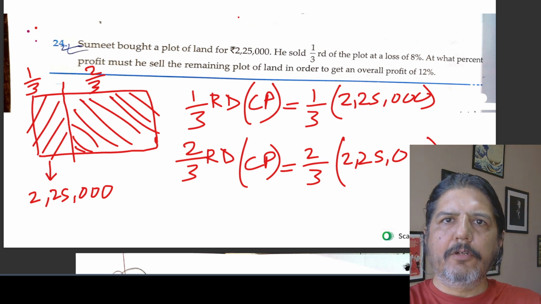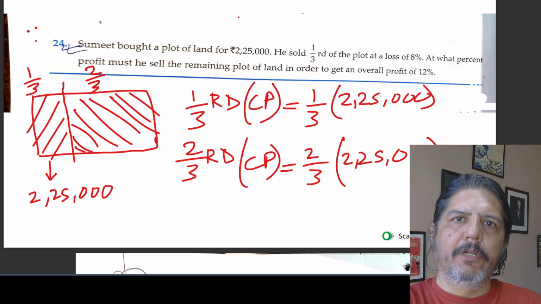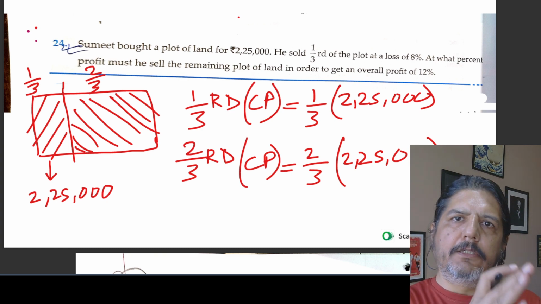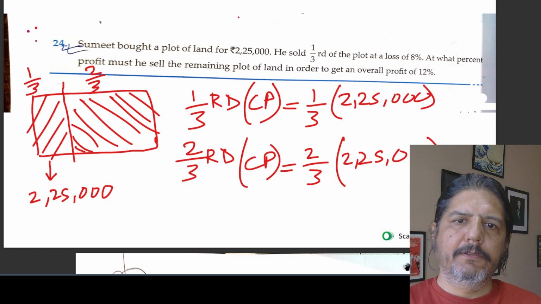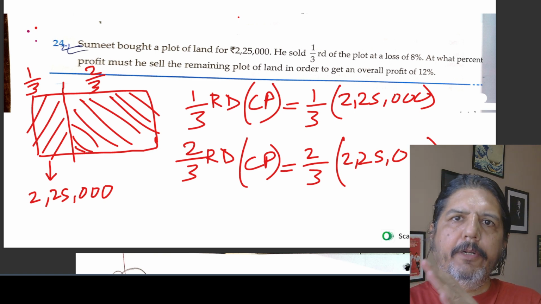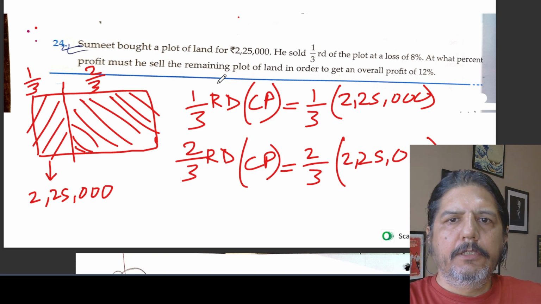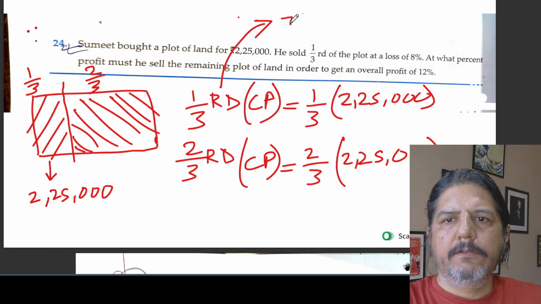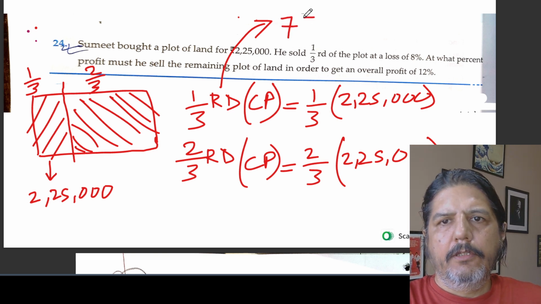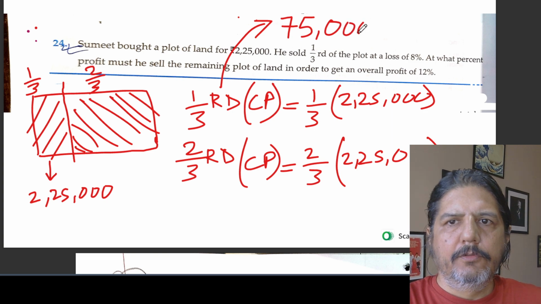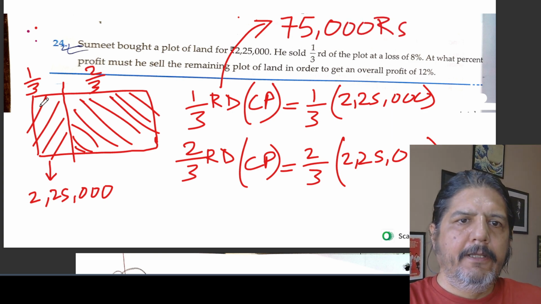So there's a plot of land, full plot of land, that is for 2,25,000. So one third of the land would be one third of the cost price, and two-thirds of the land would be two-thirds of the cost price. So one third of the land will have a cost price of 75,000 rupees, basically this plot of land which he has sold at a loss.